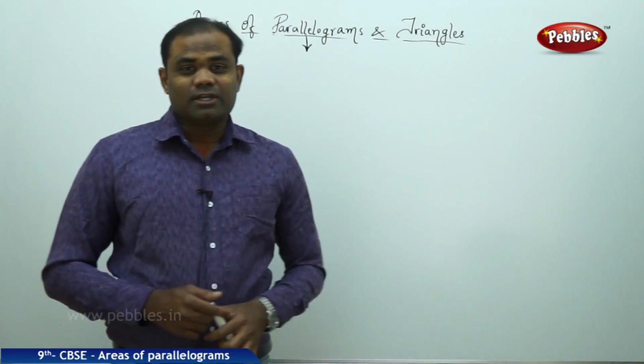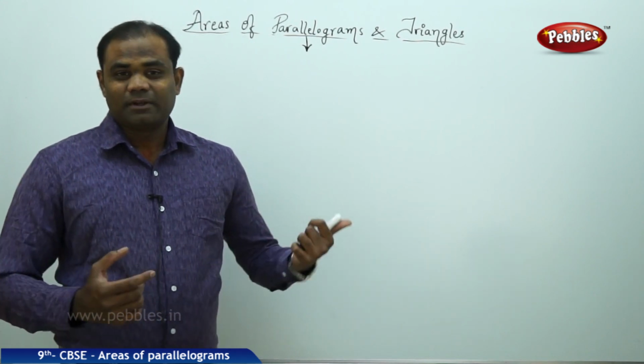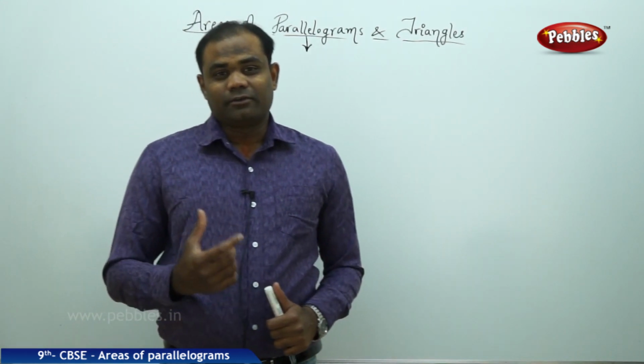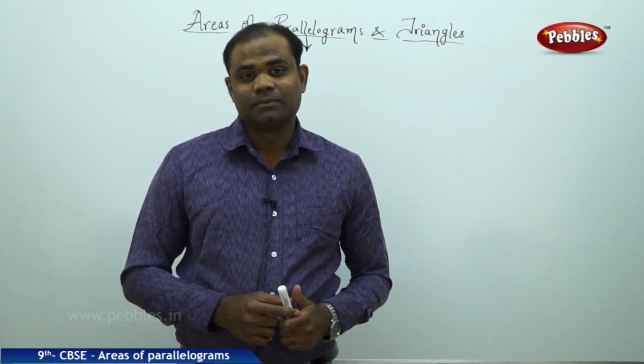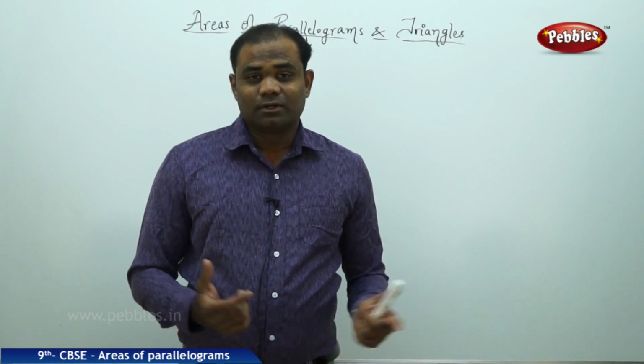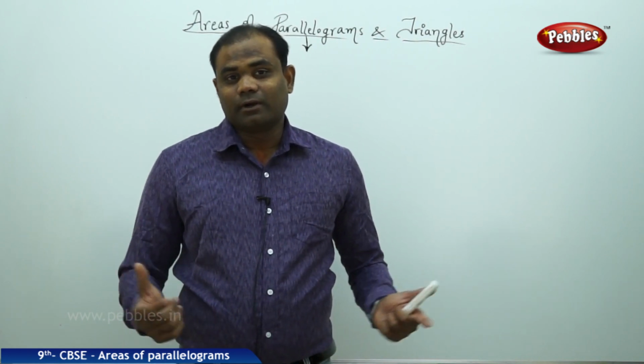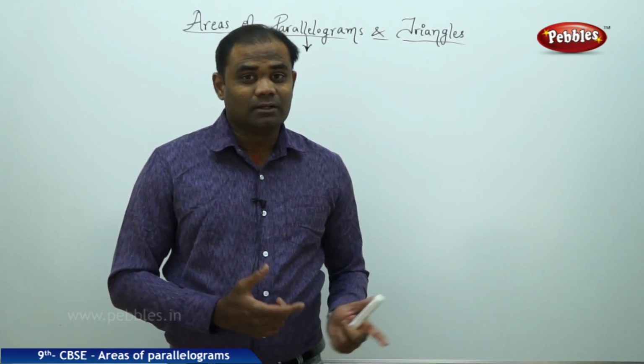Before we investigate the converse of the previous theorem, comes the introduction of the area of a parallelogram. The area of the planar region called a parallelogram, with opposite sides parallel and equal.